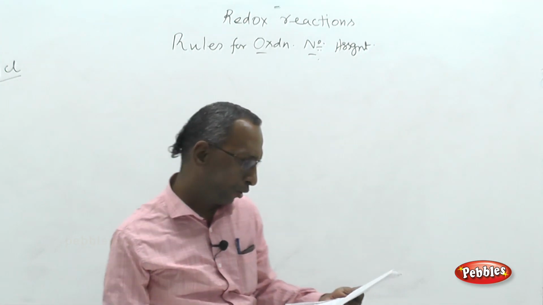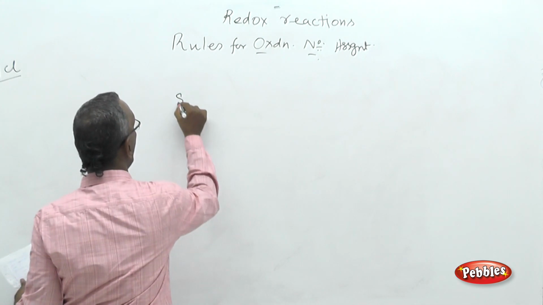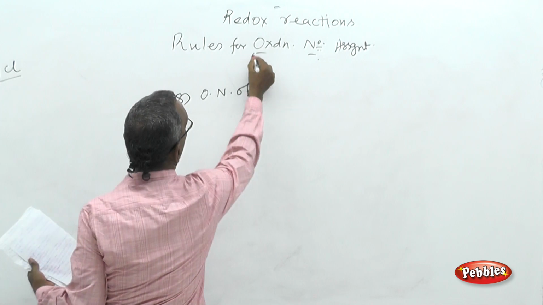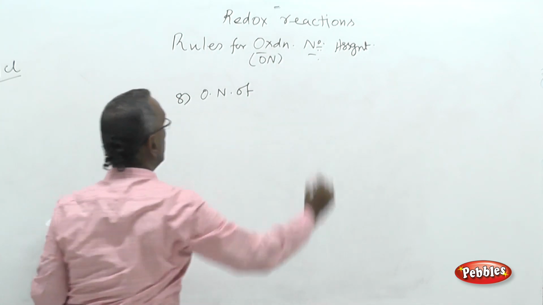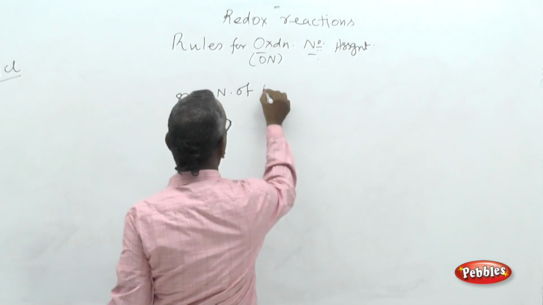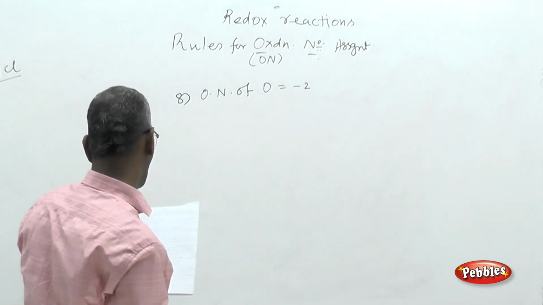Now lastly, 4 more rules in the assignment of oxidation number. Next one is about the oxidation number of oxygen. We have noted oxidation number as ON. So oxidation number of oxygen is generally -2. Generally means that there are some exceptions.